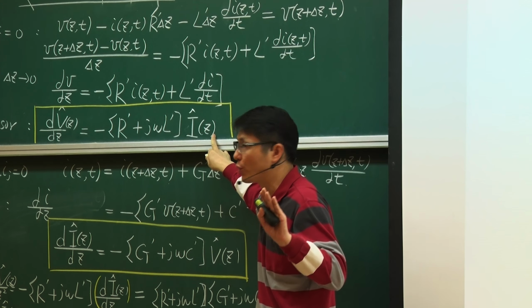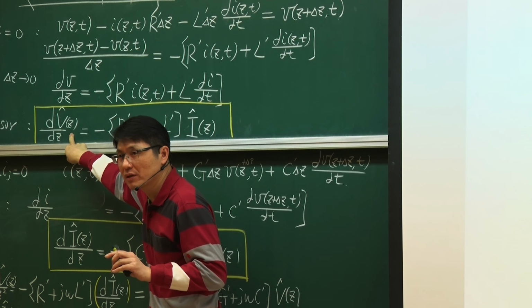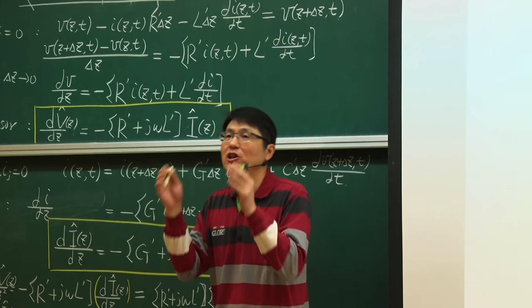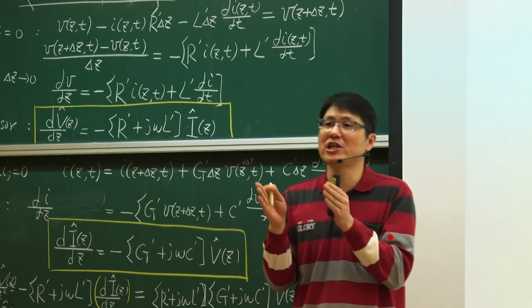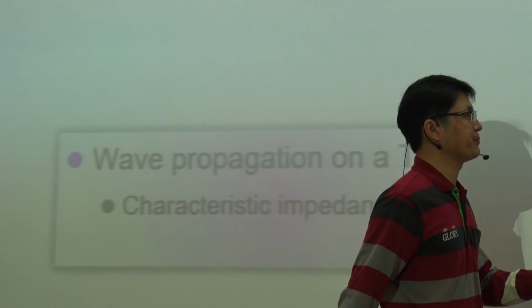Let's try to perform one spatial derivative, and then we can combine and look at the resulting relationship, and then we can define the current amplitudes.